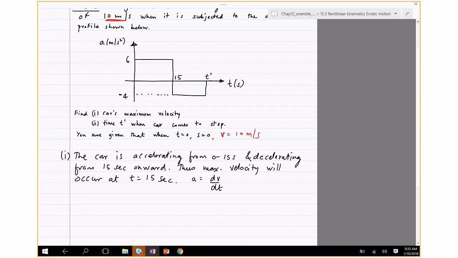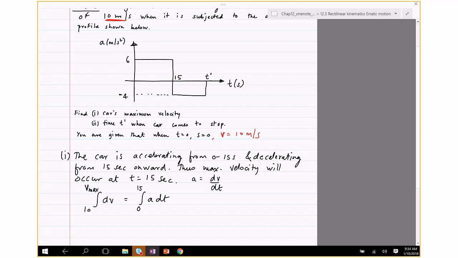So dv is the integral of a dt. In this case, the initial velocity is 10 at t equals 0. We are interested in finding the velocity at 15, so I'll write it as v max at 15. The initial time is 0. The final time is 15.